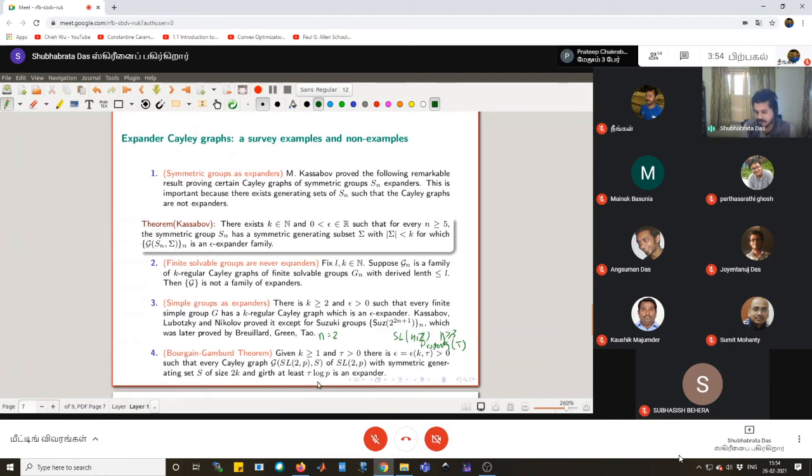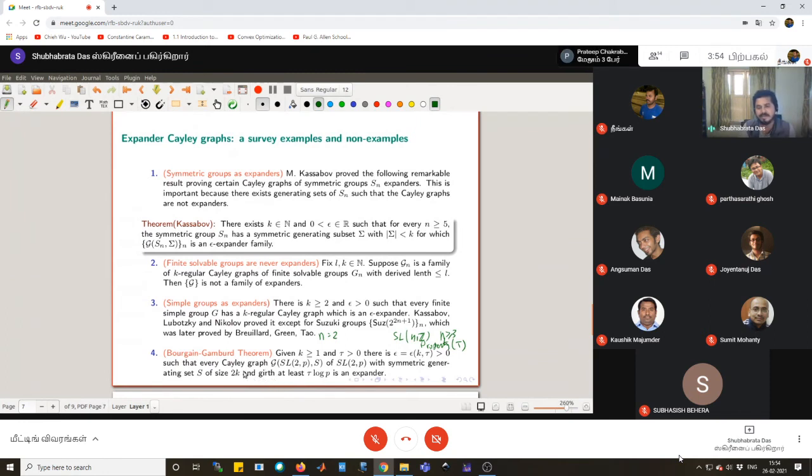will form an expander. Their proof uses the girth, which is the size of the smallest cycle in these graphs. So there is another characterization of expansion in terms of girth.